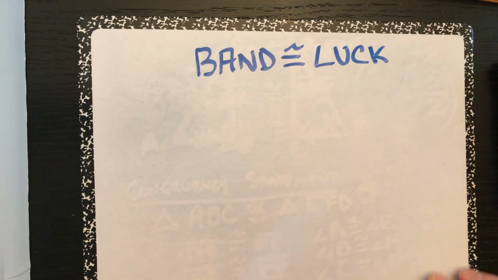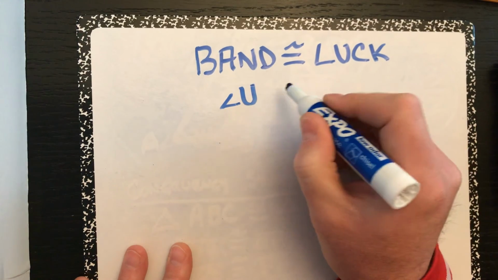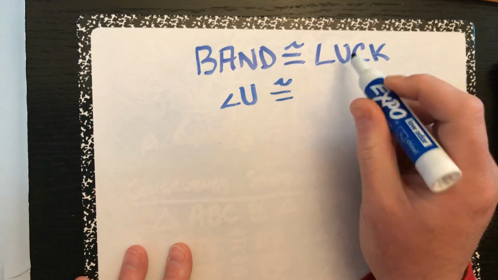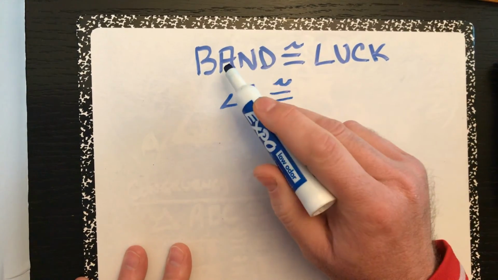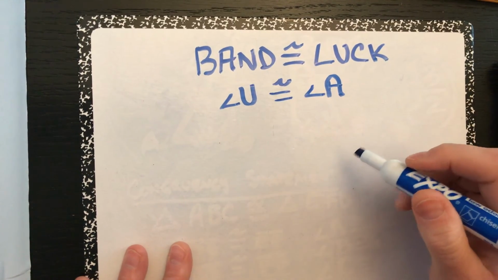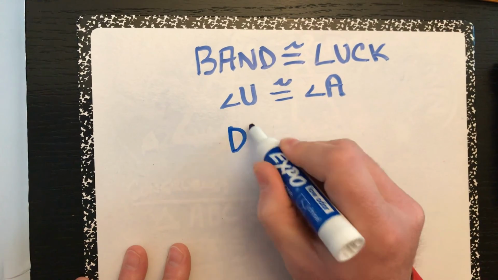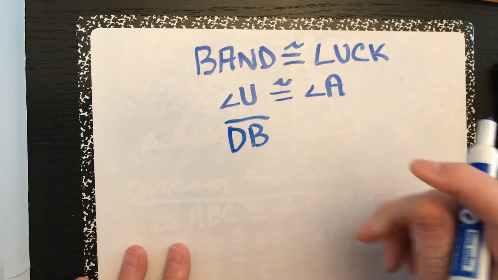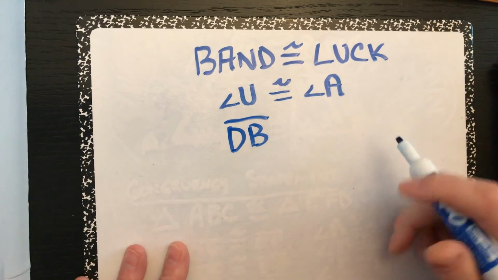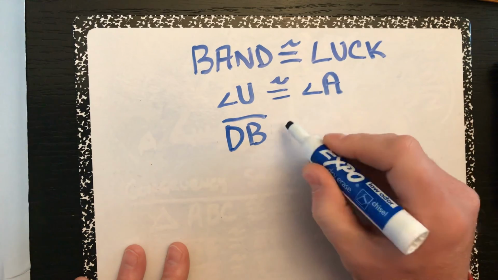And then they ask you like angle U. This is congruent to, well, angle U is the second letter, so over here it would be angle A. Or then they might say DB. Side length DB, that's last letter to first letter, so over here it would be KL.